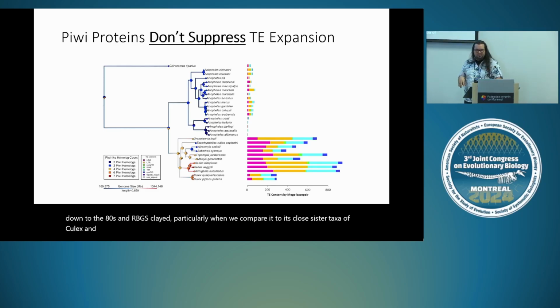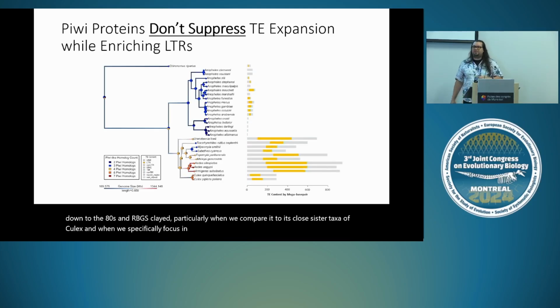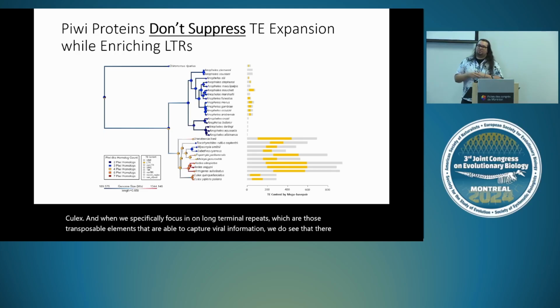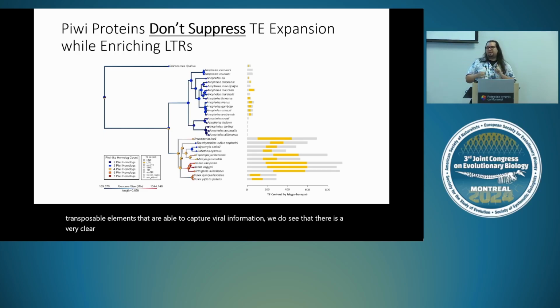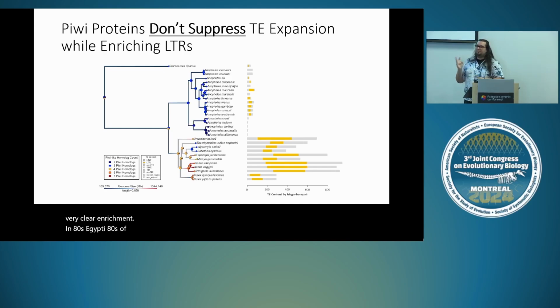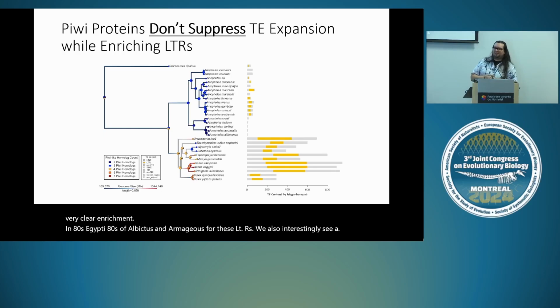And when we specifically focus in on long terminal repeats, which are those transposable elements that are able to capture viral information, we do see that there is a very clear enrichment in Aedes aegypti, Aedes albopictus, and Armigeres for these LTRs. We also interestingly see an enrichment of this in Uranotaenia lowii.